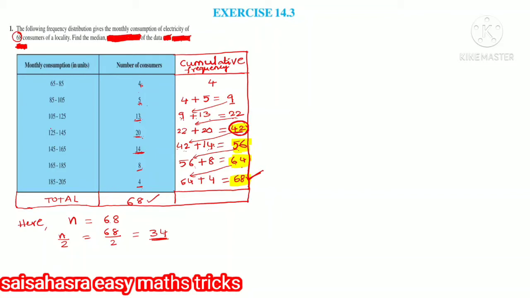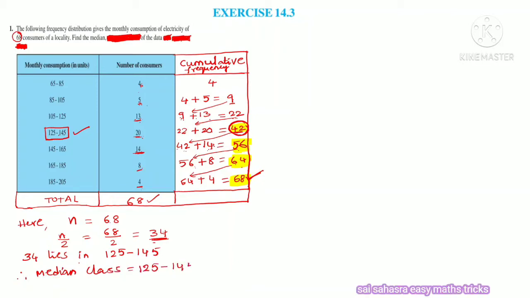42 is straight towards which class? This is called the median class. Therefore, we can write, 34 lies in which class? 125 to 145. Therefore, the median class is equal to 125 to 145.